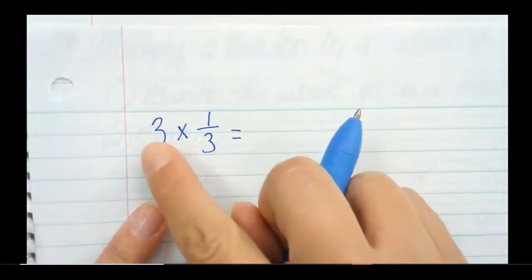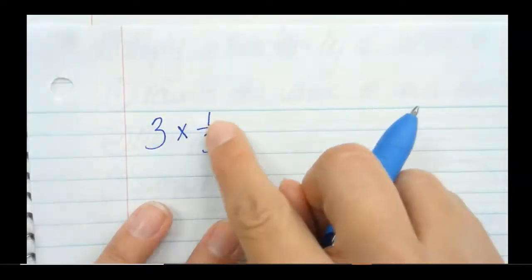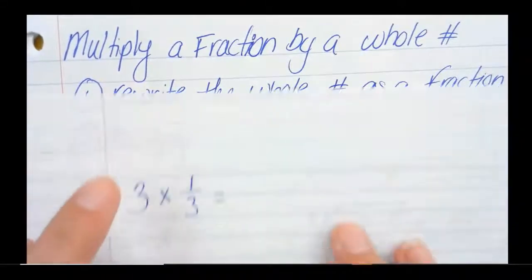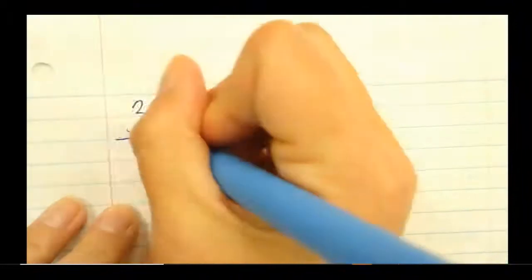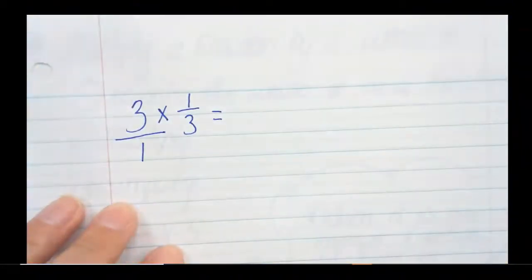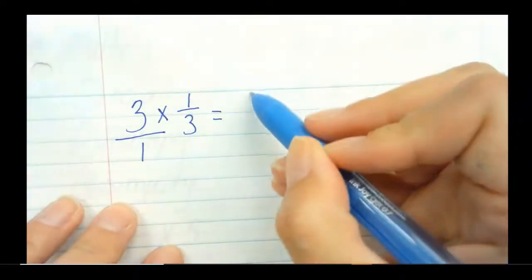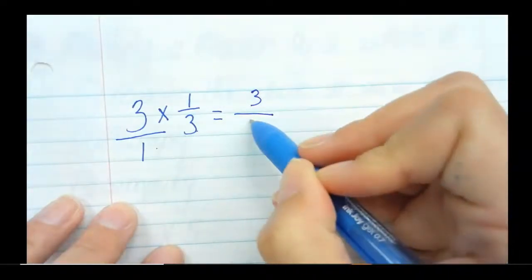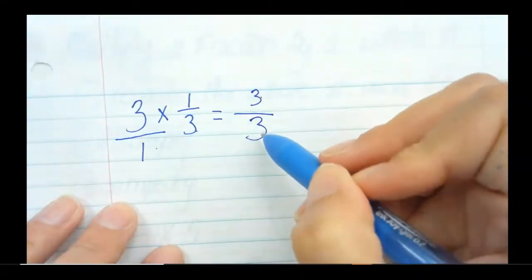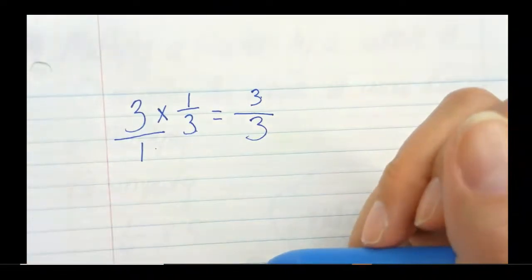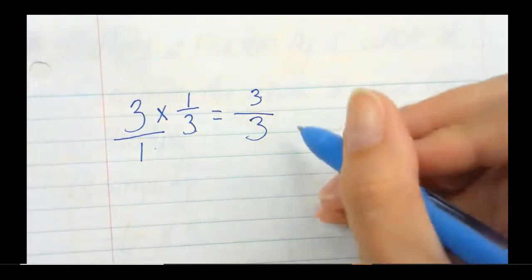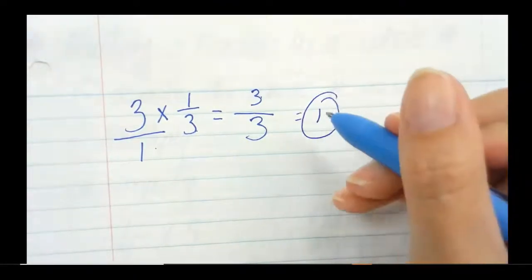So the first step in multiplying a whole number by a fraction is to, I remember I told you, put a 1 underneath that. Just like that. So then 3 times 1 is 3. 1 times 3 is 3. So I need 3/3 of a cup, or how much? 3/3 is 1 whole. And then circle our final answer.